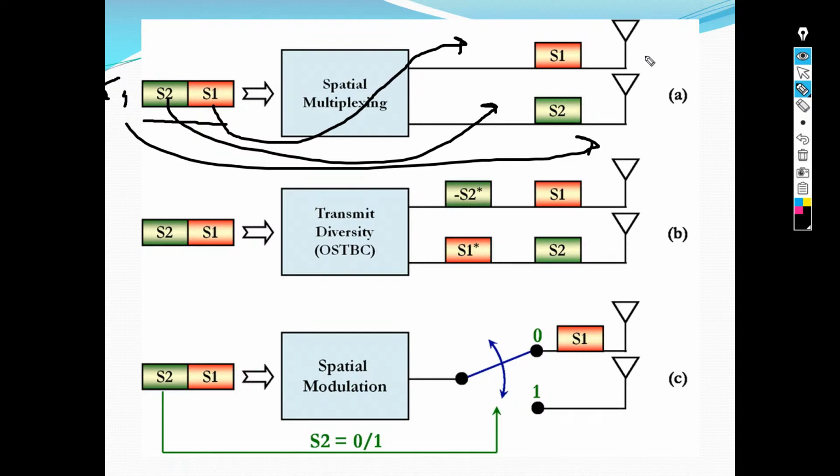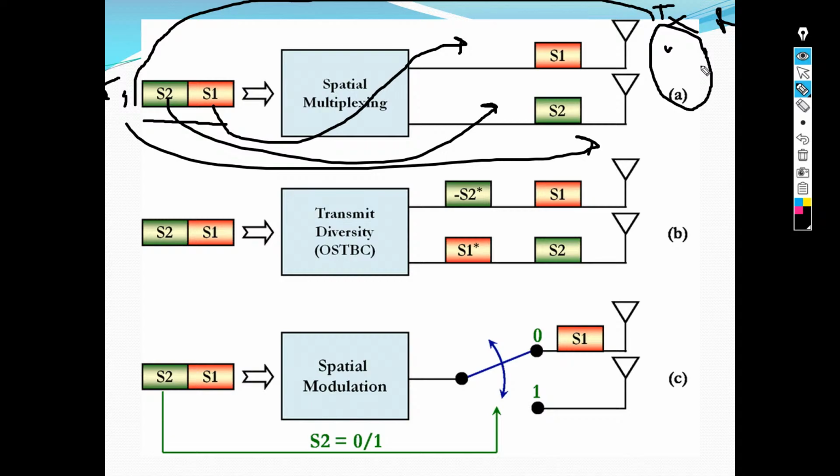The point is that MIMO spatial multiplexing is a technique that's uniquely dependent on the characteristics of the channel. So for this technique to work properly and for you to be able to separate the transmitted symbols, you need to have a rich scattering multipath channel between the transmitter and receiver, so that the receiver can use these differences in the channel to distinguish between different transmitted symbols and separate them.